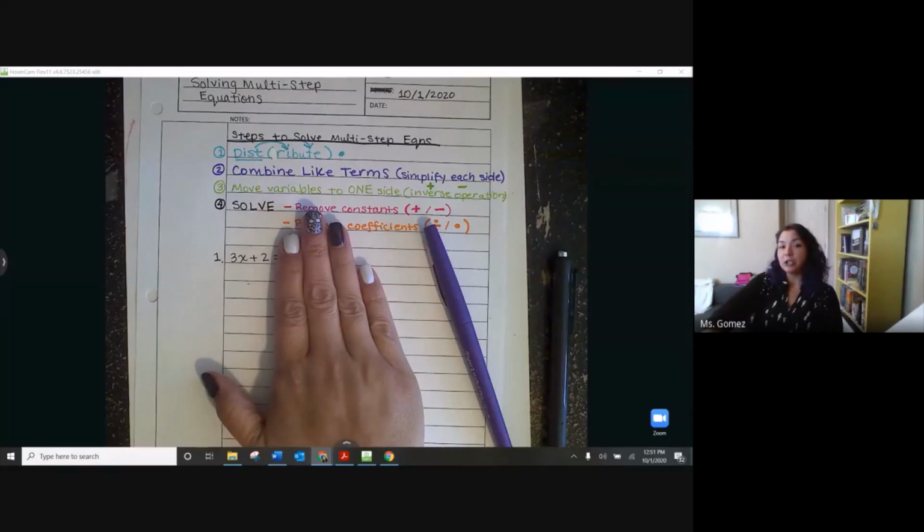Are there any like terms that I need to combine on the left side? Yes or no? Are there any like terms on the left side?